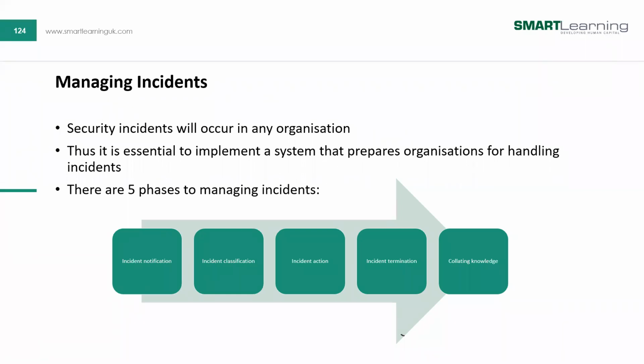The right team then classifies it in order of priority or weight, and then a defined action is taken, a defined response. That middle ground is where you take defined action. Then the incident is terminated or closed, and then you collate knowledge for lessons learned. This is the 5 phases, and there are several standards for incident management.